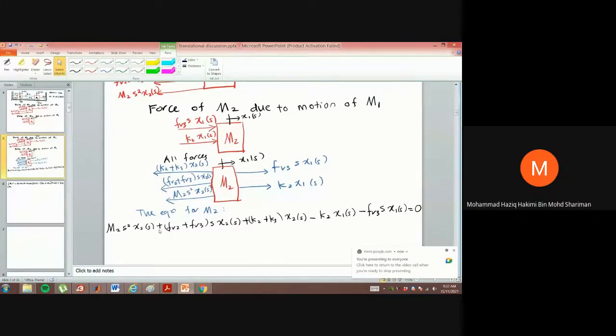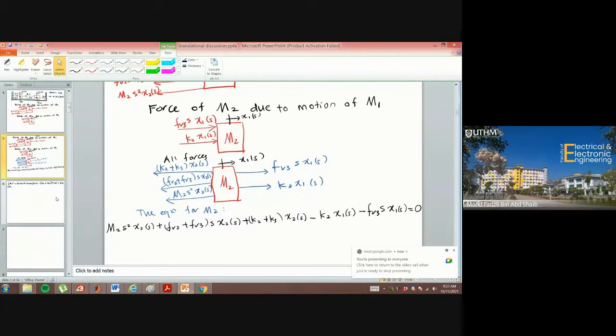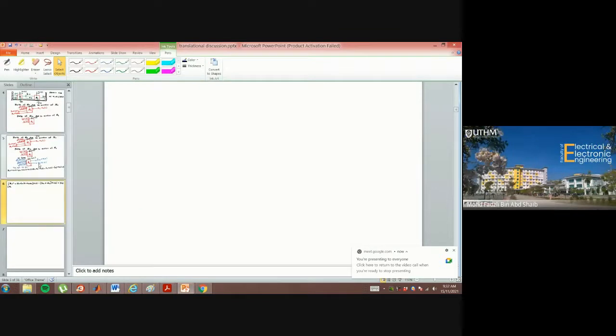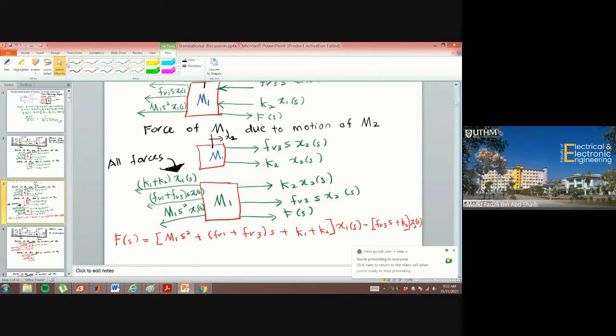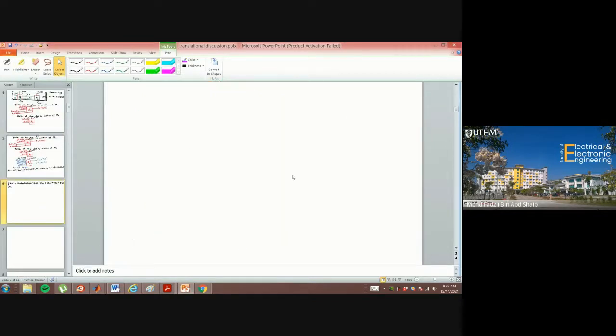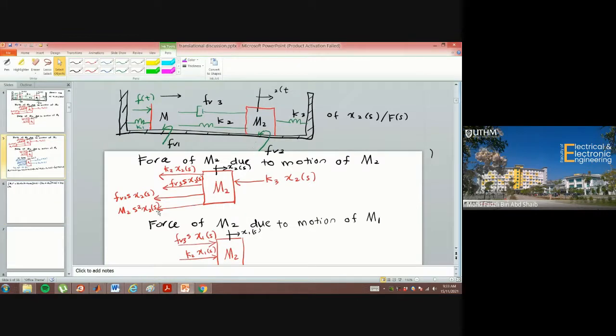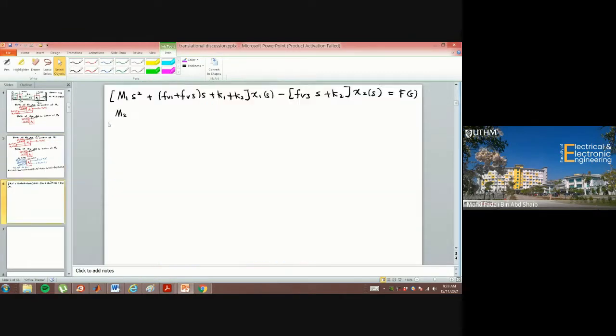Yes, doctor. Just now I recopied all the equations. We have two equations. This is equation number 1: M1 S squared plus FV1 plus FV3 S plus K1 plus K2 X1S minus FV3 S plus K2 times X2S equals F of S. That's why I put it here.